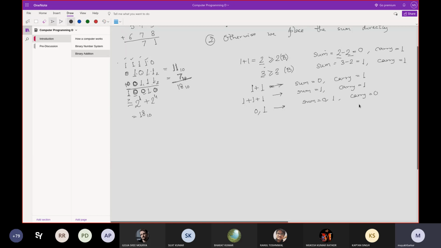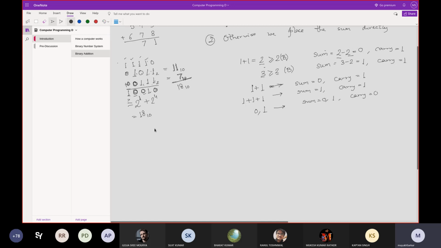Let us see a few more examples. Sir, can we add more than 2 numbers? When you add more than 2 numbers, eventually we are adding them pairwise. That means we add the first two numbers, then with that result we add the third number, and so on.